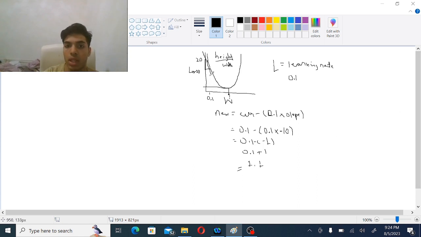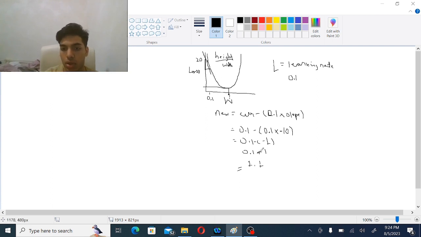Is that what we want? So we were here initially, and in order to get a loss that is smaller, we need to push the value of the parameter w to the right. If we push it to the right, we're going to get a smaller loss. That is exactly what we're doing here.